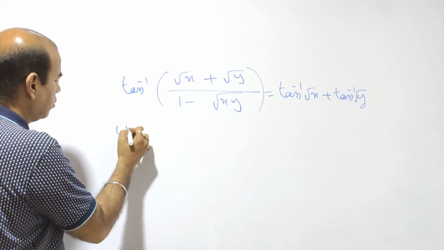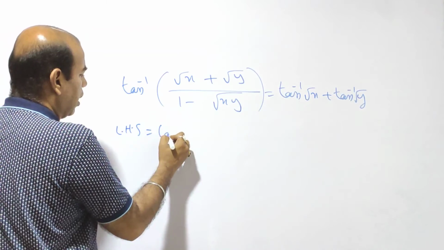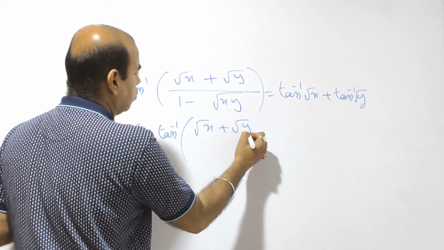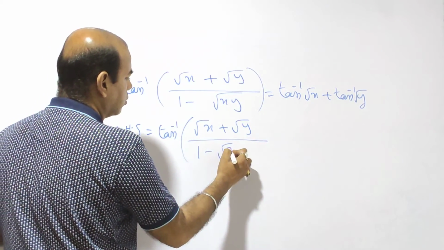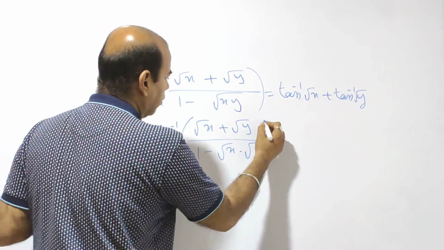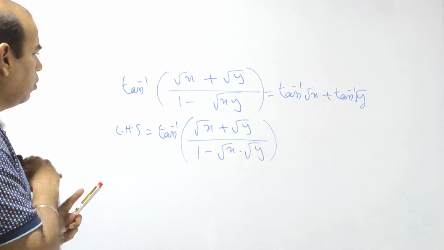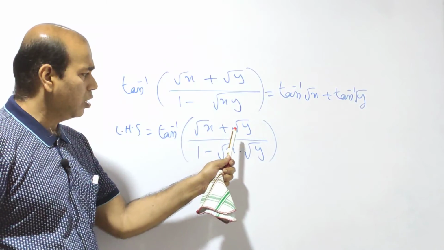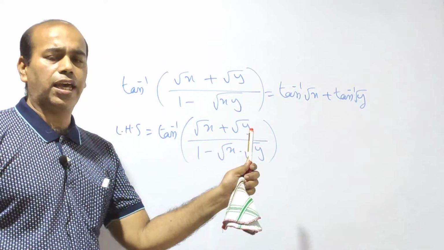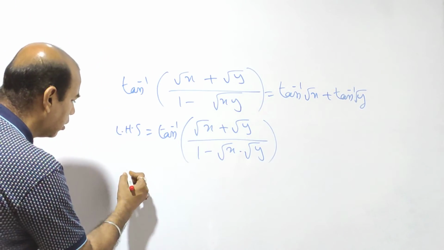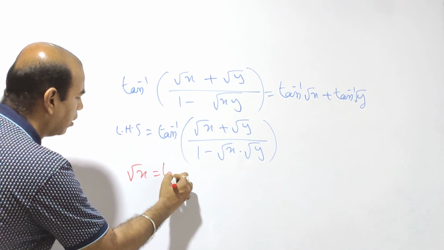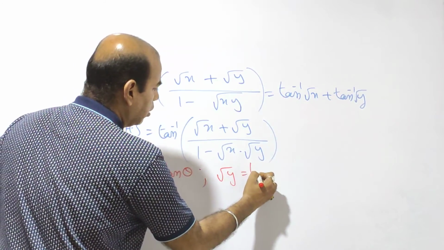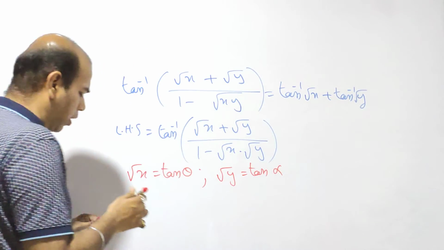Now again LHS, it is tan inverse of (root x plus root y) by (1 minus root x into root y). Now what I will do, I will substitute. In place of root x I will take tan theta, in place of root y I will take tan alpha. So let me take root x equals tan theta and root y equals tan alpha.